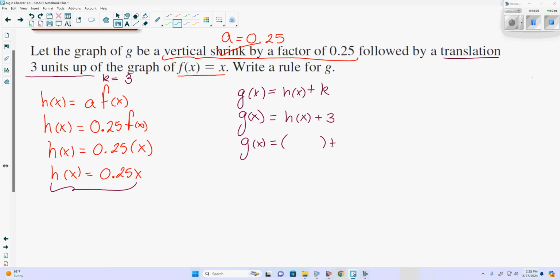Before we move on, are we good with getting to this point here? So now we need to plug in our h of x function. We still have h of x, so it's just 0.25x.